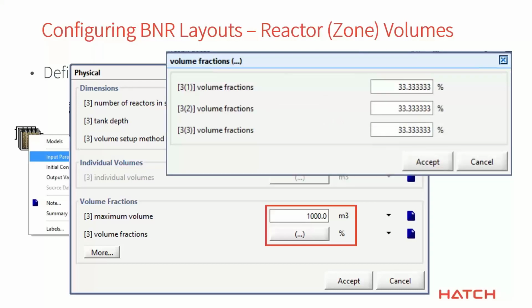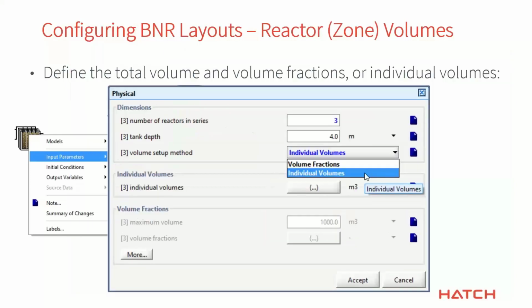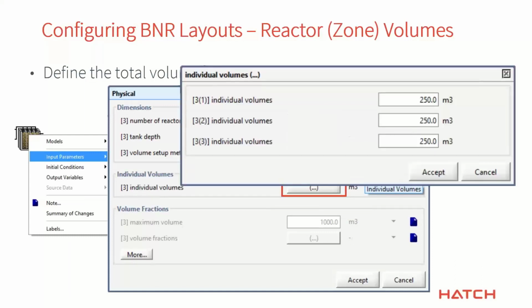So here, this is 1,000 meters cubed, and it's evenly split across those 3 reactors. Now, when we go into the desktop example, you'll see how I'll play around with this kind of idea. The other option is to go to individual volumes, and you just hit this button and type the volumes in directly rather than the total and then dividing it up.